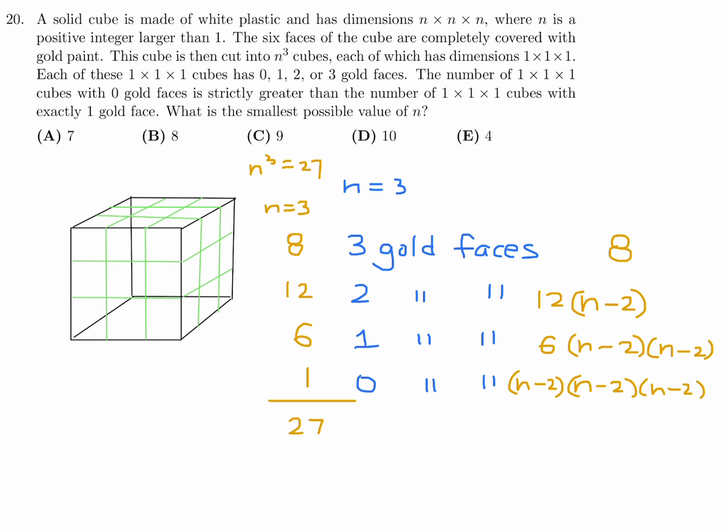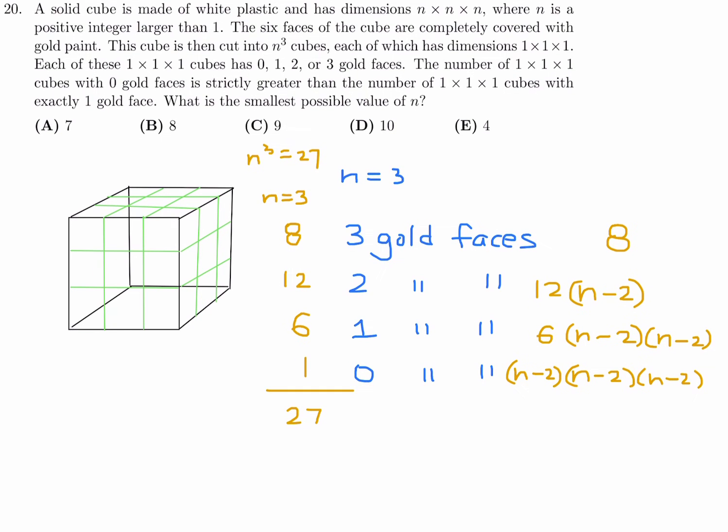Now the criteria is that the number of cubes with 0 gold faces is strictly greater than the number of cubes with 1 gold face. So 0 gold faces was this n minus 2 to the power of 3 right here. And 1 gold face was 6 times n minus 2 squared, this guy right here.